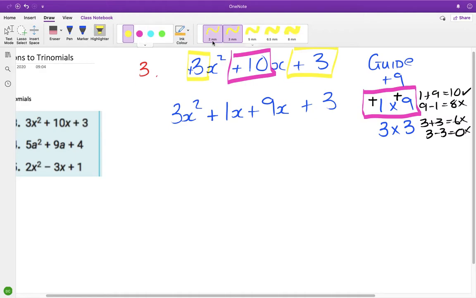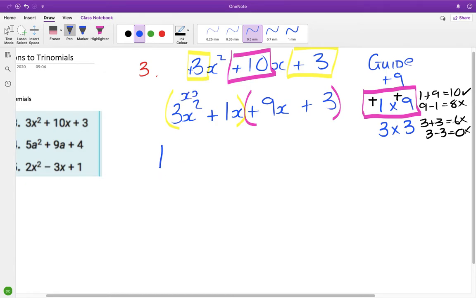Okay, I'm going to make my groups. So group these together and I group these together. Okay, so 3 and 1. Common factor is 1. Remember, x squared is 2 x's. So with the 3, I have 2 x's, and with the 1, I have 1x, which means I have 1x in common.